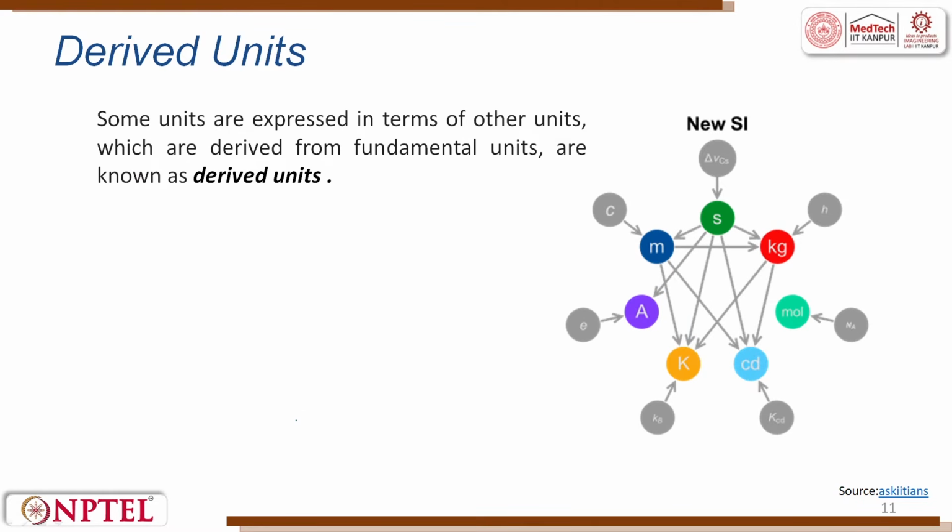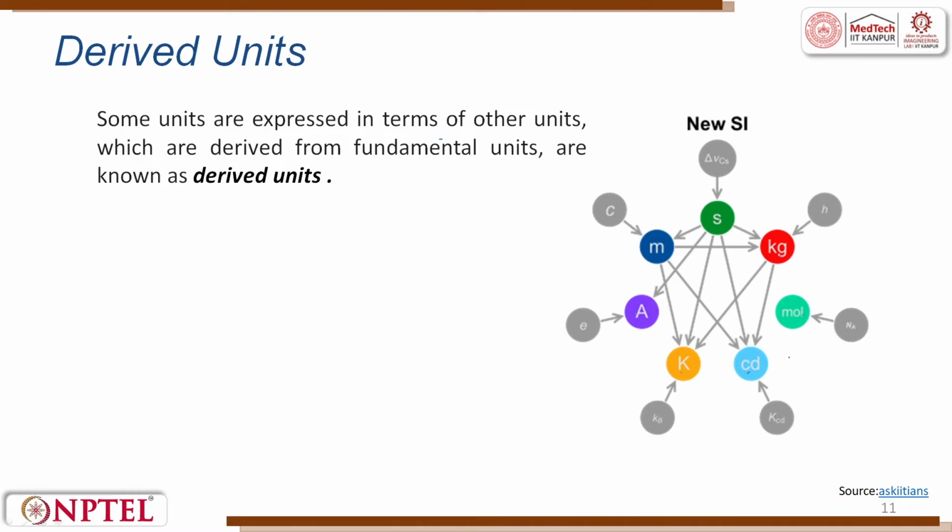So, what are derived units? Derived means you extract from something. So, the derived units are extracted from fundamentals. Some units which are expressed in terms of other units, derived from fundamental units, are called derived units. So, you have the 7 basic things: 1, 2, 3, 4, 5, 6, 7.